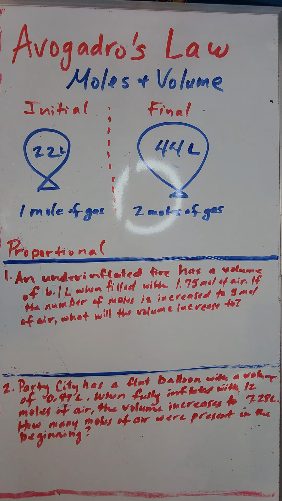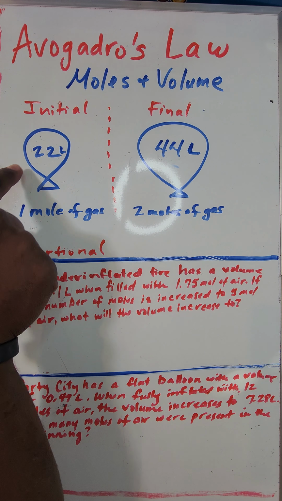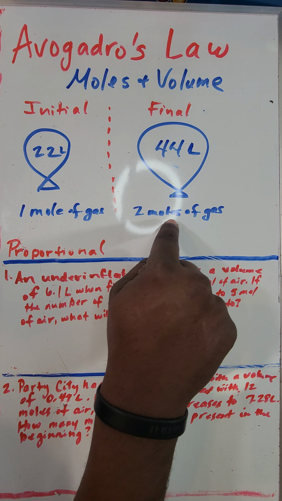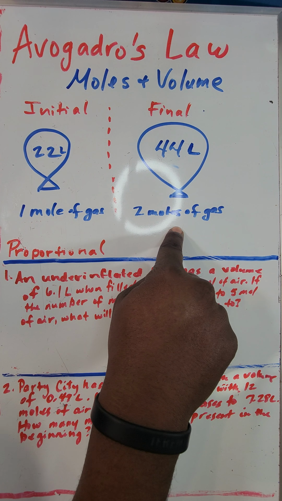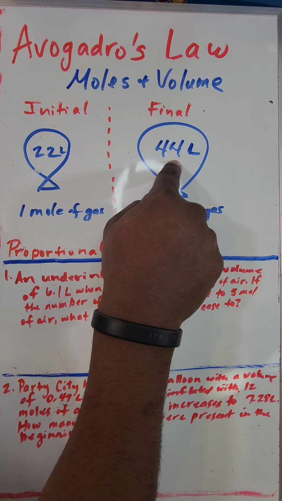Remember, this is going to be a before and after, an initial and the final, how it started and how it ended. So initially in this balloon, we have 1 mole of gas giving this balloon a volume of 22 liters. If we increase the moles to 2 moles of gas, then the volume will also increase. Notice that moles doubled, it went from 1 to 2, so the volume is going to double, 22 to 44.